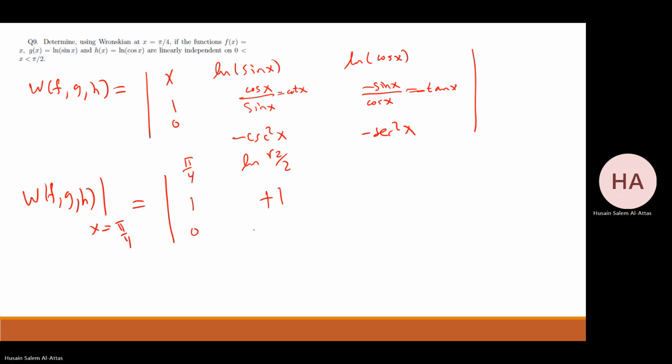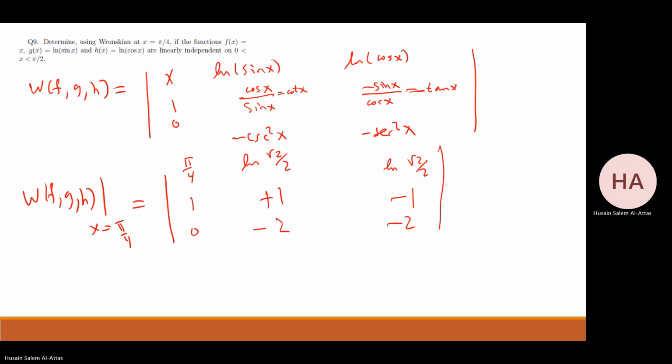This is minus square root of 2 all squared, that is minus 2. Now ln of square root 2 over 2, and then minus tan, that will be minus 1, minus 2, minus secant squared.